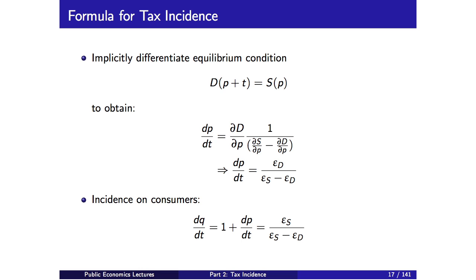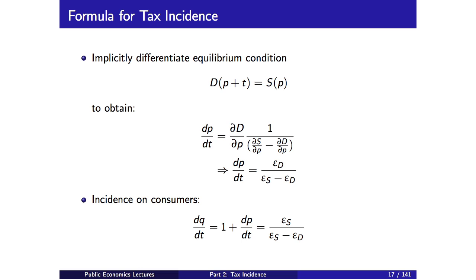All right, so we'll talk about the intuition for why you get that particular expression in a second, but notice that you can rewrite this expression here in terms of elasticities, just by multiplying through by the ratio of price to quantity. And so you get this simple expression for the incidence of a tax on the supplier, which is the ratio of the demand elasticity to the sum of the supply and demand elasticities. And then conversely, what's the incidence of the tax on the consumer?